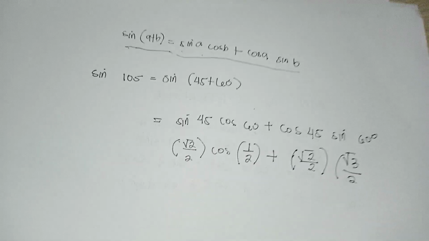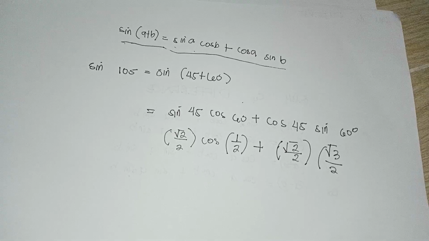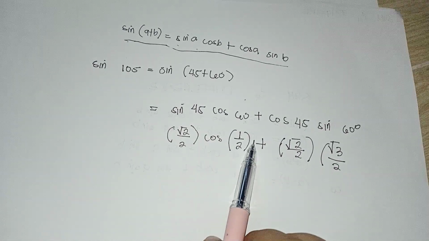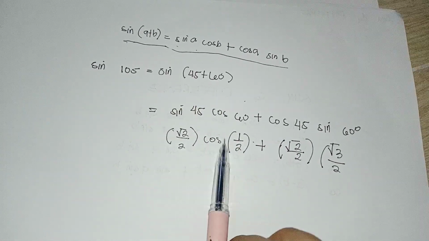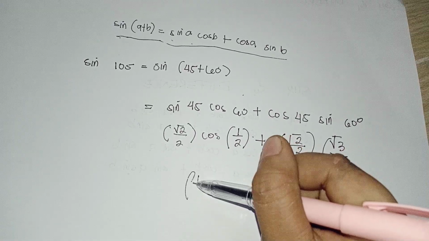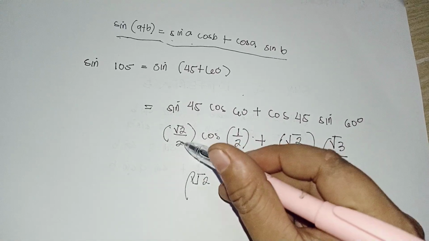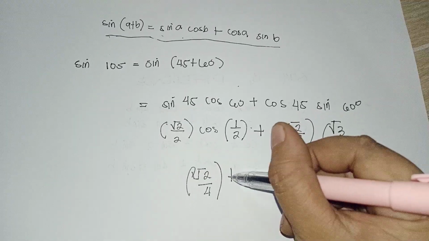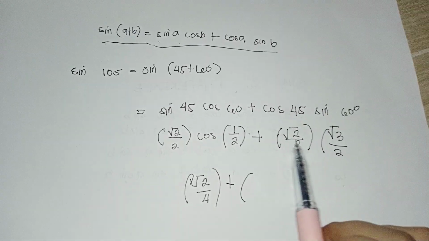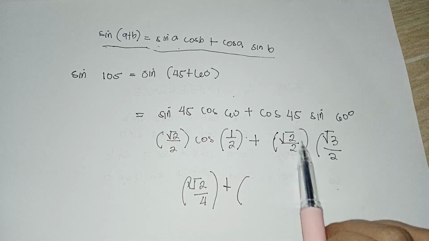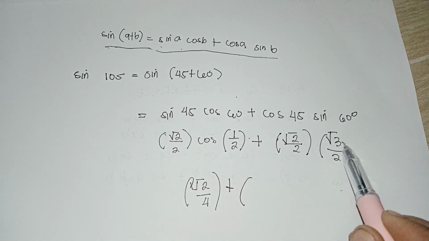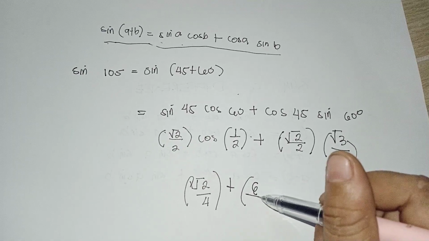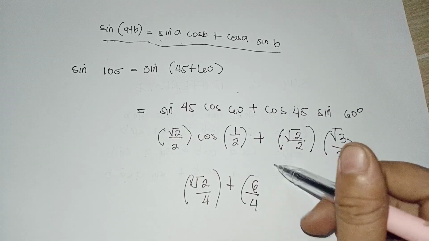So now we multiply: 2 times 1, that will be square root of 2, and multiply the denominators, that will be 4. Copy the sign, plus, and square root of 2 times 3, that will be square root of 6, over the denominator 4.